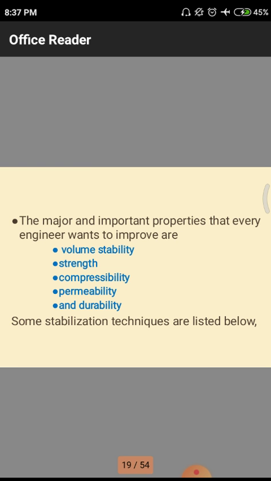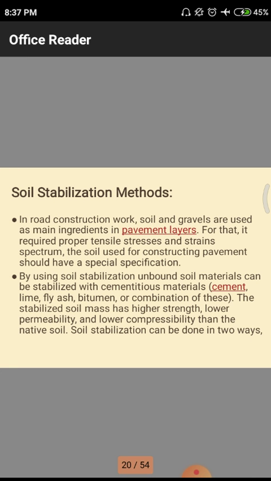Next, we have to observe some of the stabilization properties. What are they? In road construction work, soil and gravel are used as the main ingredients in pavement layers. That means for a road we have different layers. The top layer is a pavement. After that we have sub pavements and base layers.